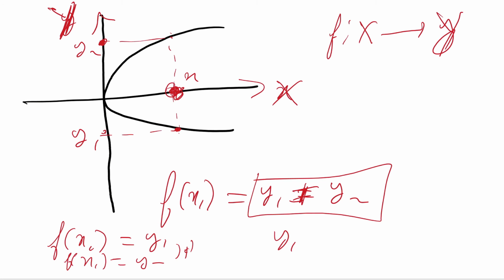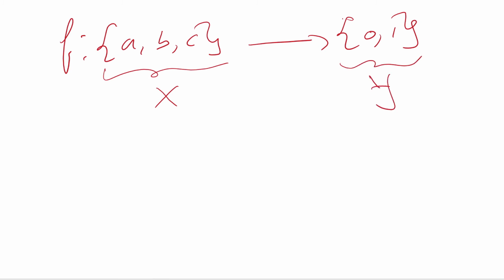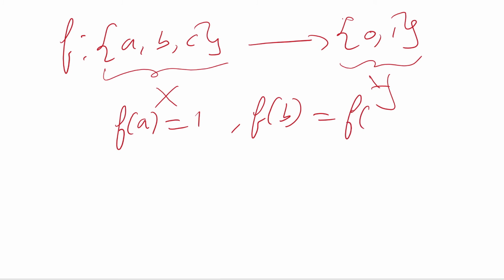Another example of a function is if you pick this mapping f from a, b, c to 0, 1. So this is still a function because if I call this my domain x, this is my codomain y, and then I define this function such that f of a equals 1, f of b equals f of c equals 0.